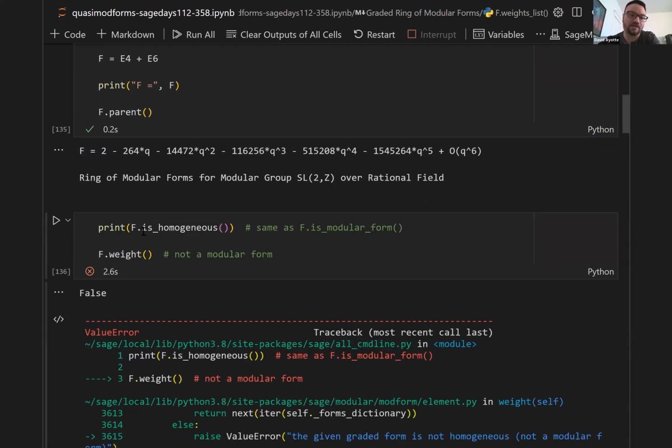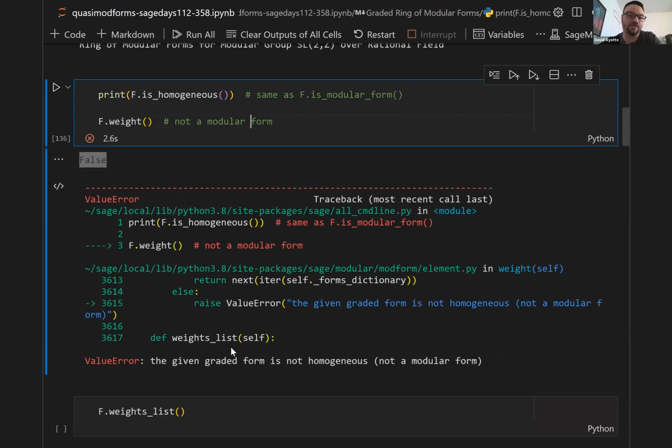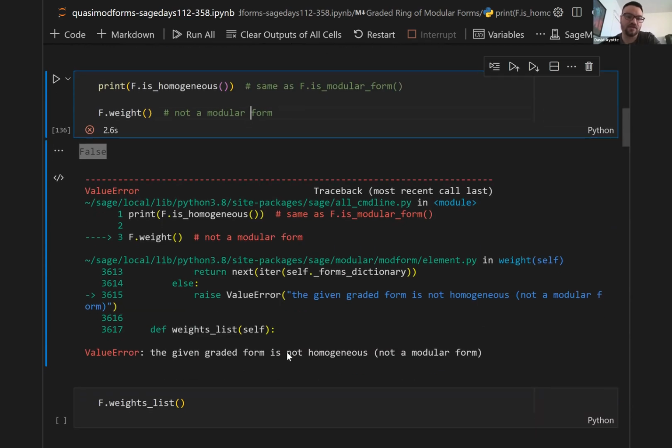We can verify this by simply checking f.is_homogeneous, or f.is_modular_form, which returns False. If you ask for the weight of this graded form, it will simply return an error because it's not a modular form.